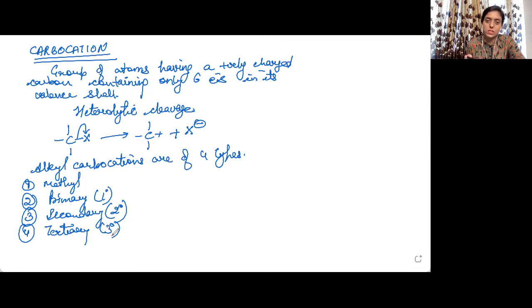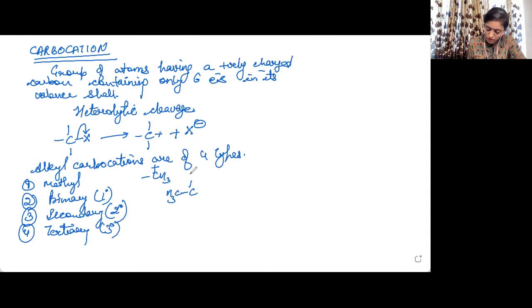Now we will be understanding how to explain the stability of the various types of alkyl carbocations. If we see the structure, this is the methyl carbocation. This is the primary. In a primary carbocation, the positively charged carbon has 1 carbon attached to it.